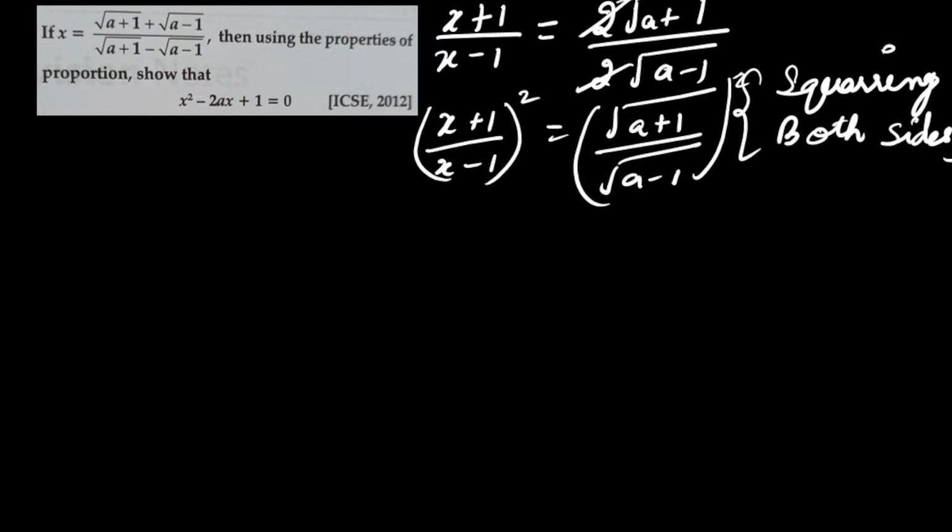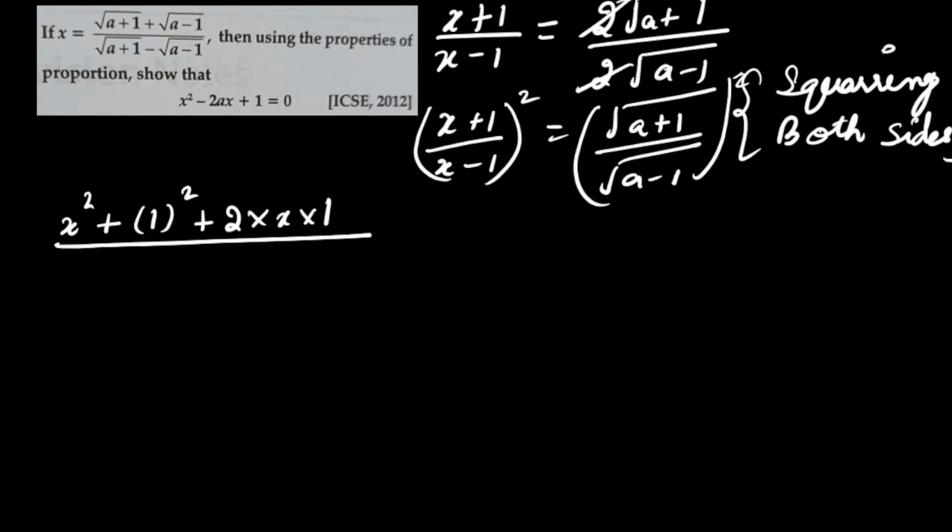I'm just considering you all remember here. So this is a square plus b square, which is 1, plus 2 into a into b. And I'm writing this way, a square plus b square minus 2 into a into b.